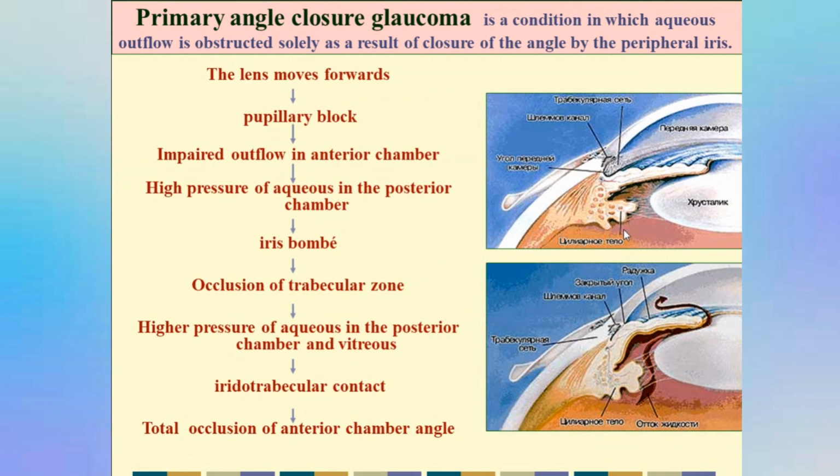We receive high pressure of the aqueous in the anterior chamber and iris bombe, occlusion of the trabecular zone by the iris, and of course the pressure in the posterior chamber and vitreous body increases.